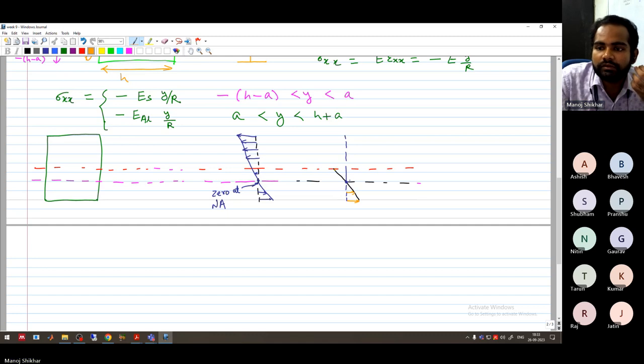So it will be something like this. And then since E aluminium is less than our E steel, there will be some decrease here, and then it will be like this. So you can see there is some finite jump in stress here.